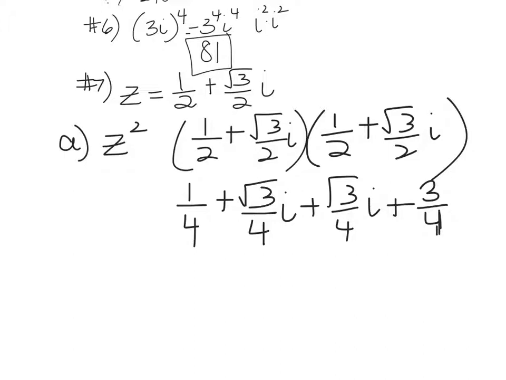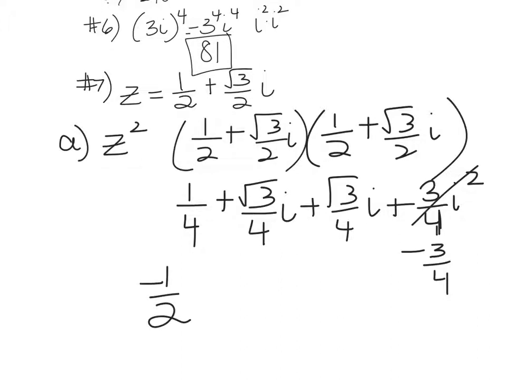And i times i is i squared. Is everyone okay with that? Fractions, radicals, i. All right, so instead of 3/4 i squared, we get what? Negative 3/4. And what is 1/4 minus 3/4? Negative 1/2. Perfect.